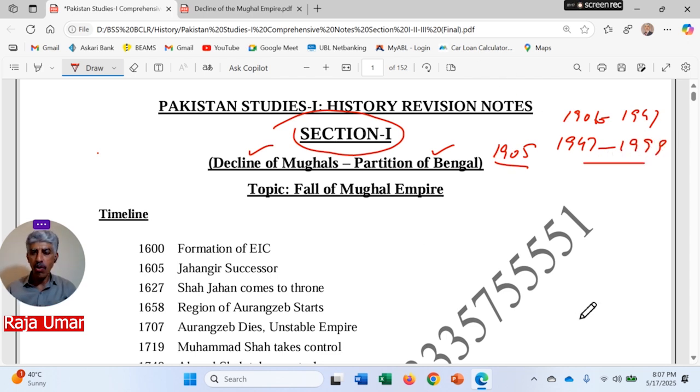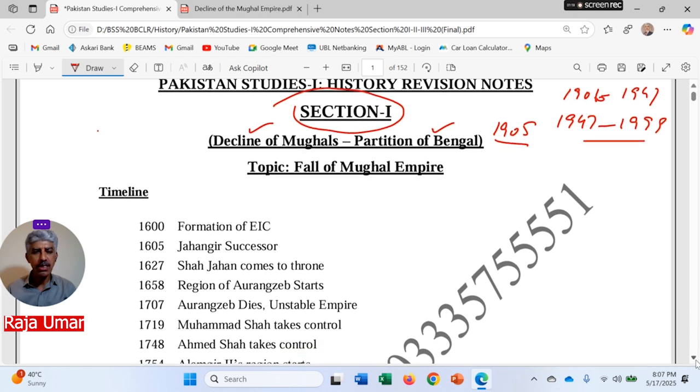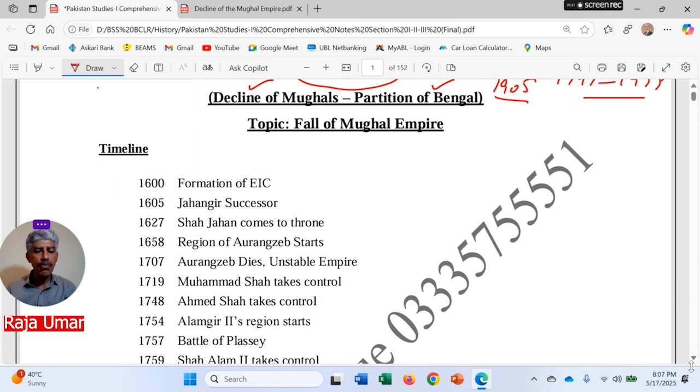First of all, the timeline of this particular section is given over here. The formation of the East India Company is in the year 1600. I mean, they got the license to trade in the East Indian region of the world by the British Queen, and then Jahangir's successor, 1605, Shah Jahan comes to the throne in 1627.